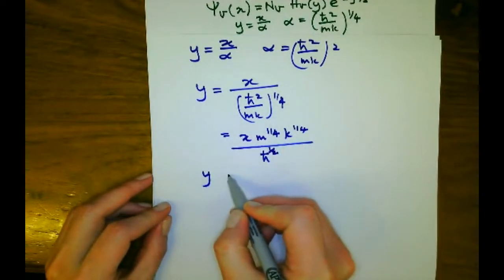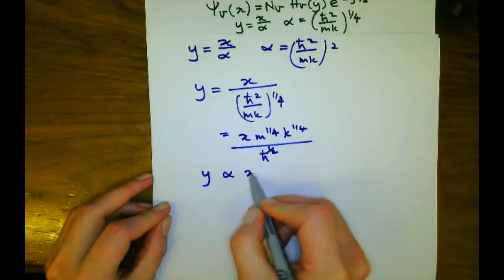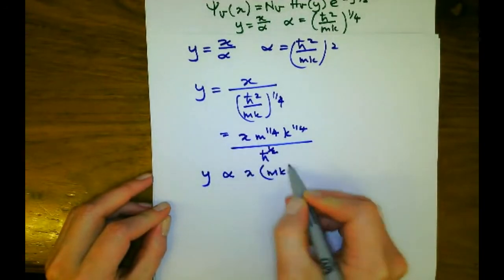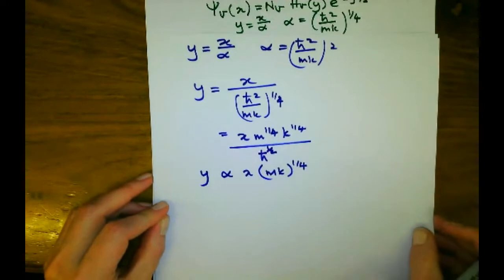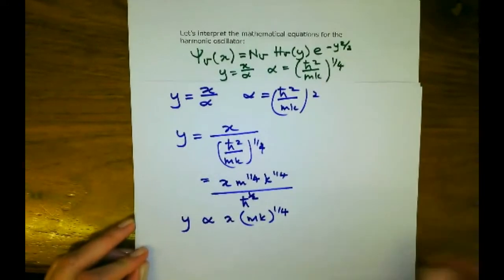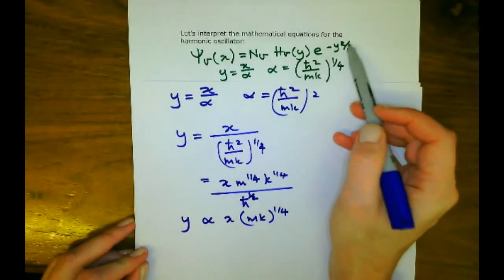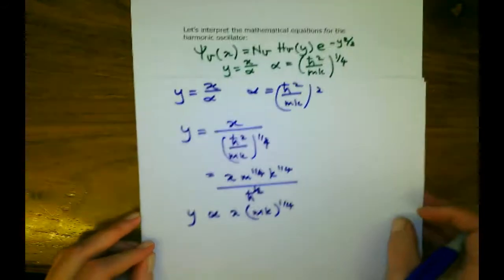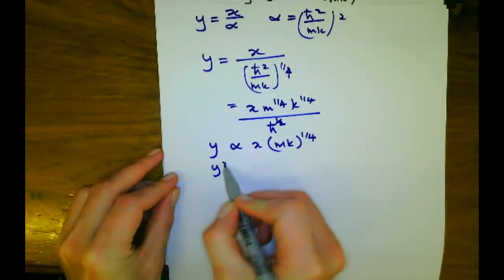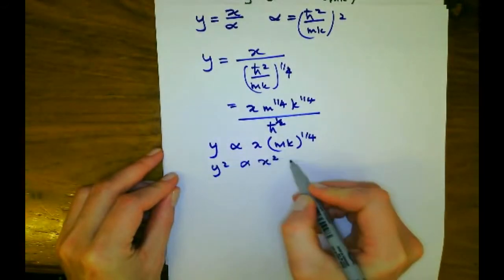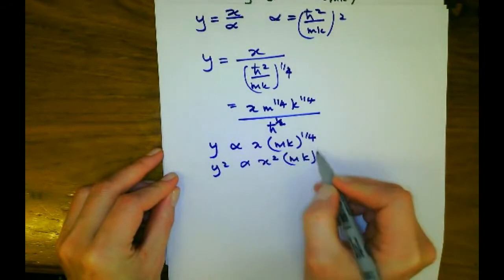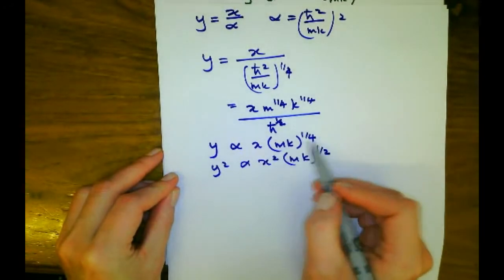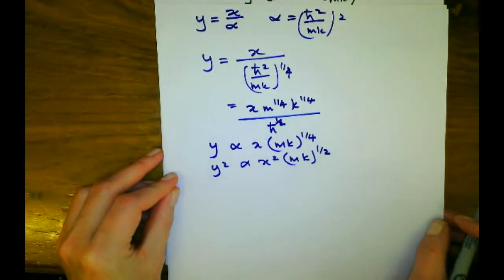So y is proportional to x mk to the power quarter. But in this exponent we have y squared. So y squared is proportional to x squared mk to the power half. If you square a quarter, you get a half.